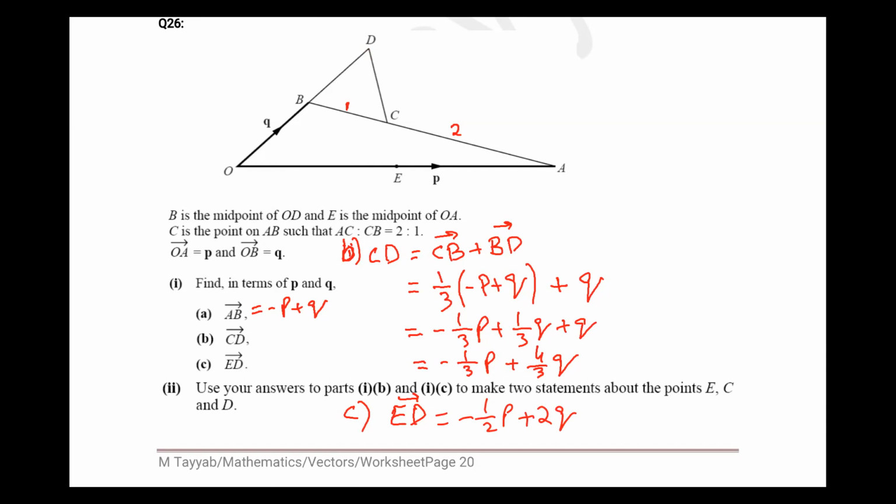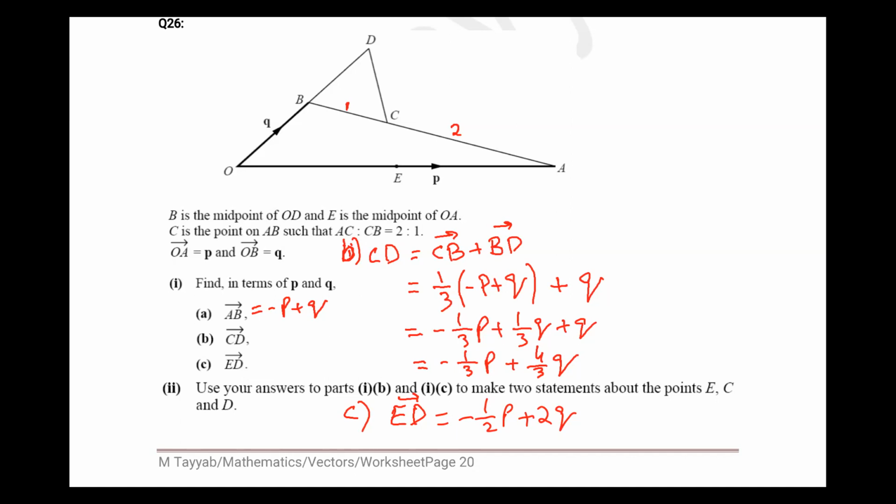Okay, that's done. आपने ये पार्ट पूछे थे, लेकिन मैं इसका सेकंड पार्ट भी करना चाहता हूँ. Second part says use your answers to parts 1B and 1C. Answer at the back is 2Q minus P. For the C part, you have to find ED.